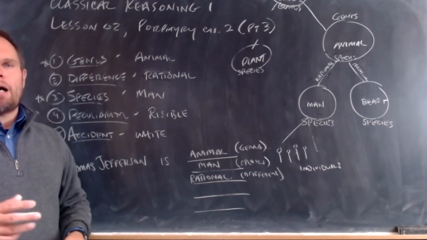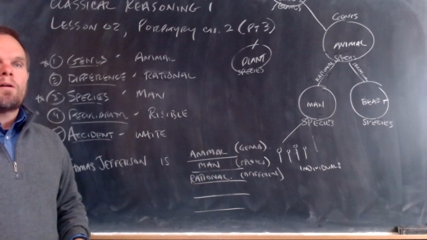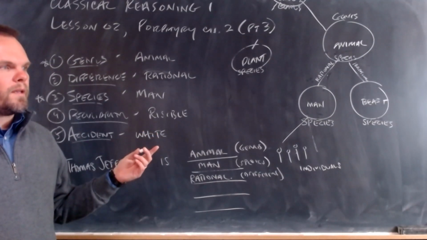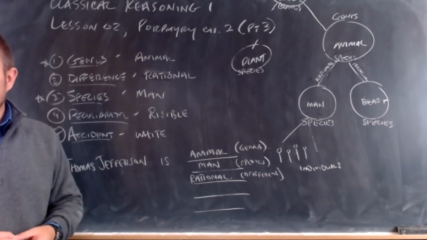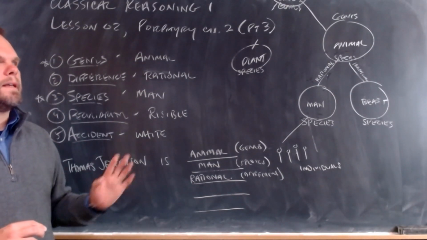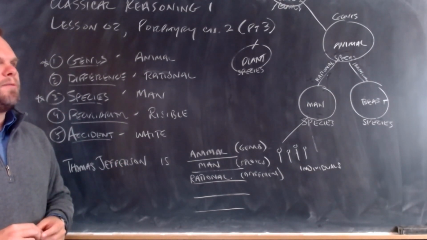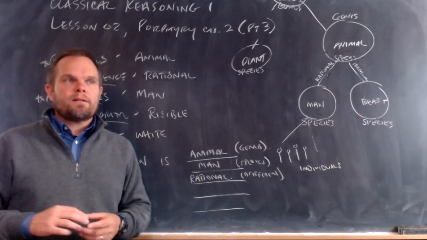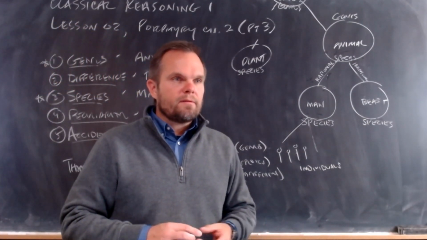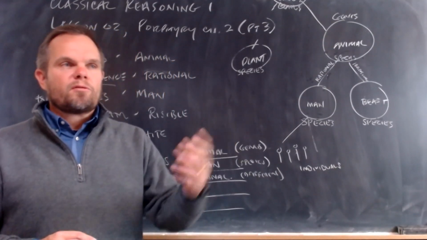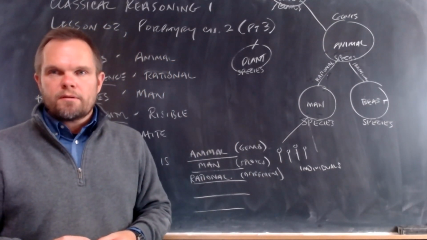If I say Thomas Jefferson is intelligent, I don't even want to say that because that might be confusing. Let's say I said that Thomas Jefferson is friendly. Friendly describes Thomas Jefferson, right?